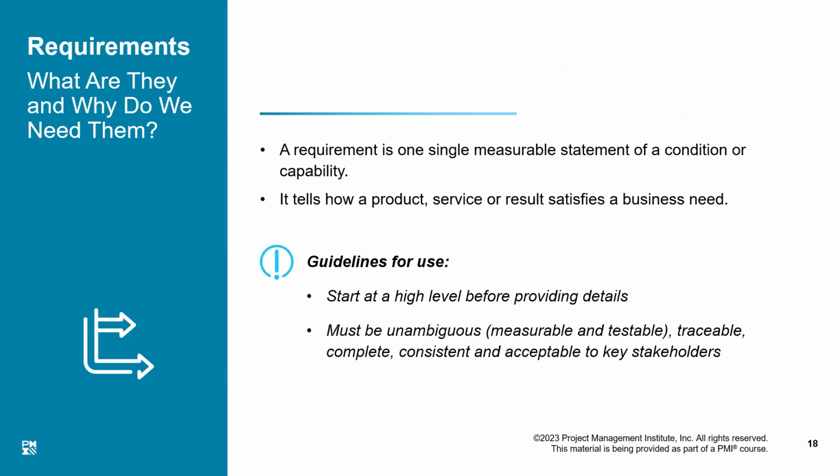Give guidelines for use, start at a higher level before providing details. So when we are doing the requirements for a predictive project, we start at the higher level, have an outline plan in the beginning, and then we elaborate more on it. Whatever we plan must be unambiguous, meaning, like I said, a measurable statement.